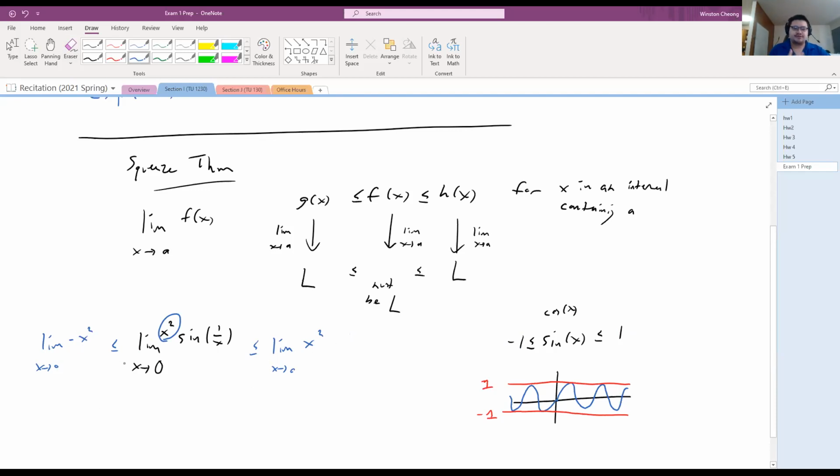When you take these limits, this one gives you 0 and this one gives you 0, so you can conclude, therefore, and the notation for therefore is three dots, that this function gets squeezed into being this one value, 0.